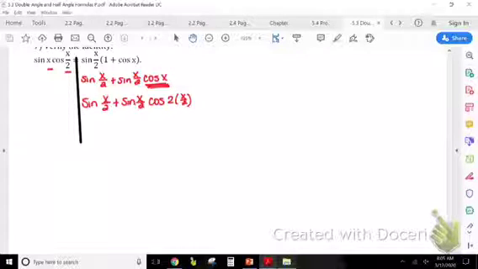So what if I try to put a double angle formula in here? So cosine of 2x.